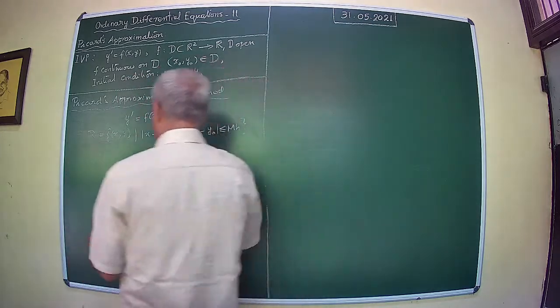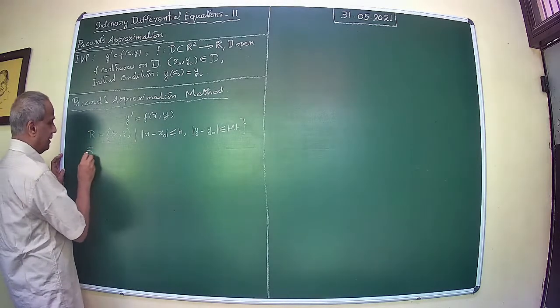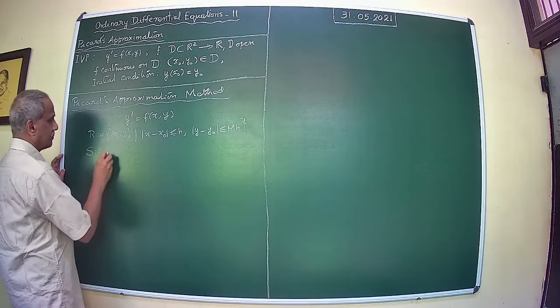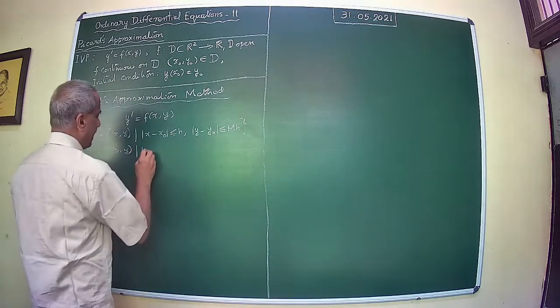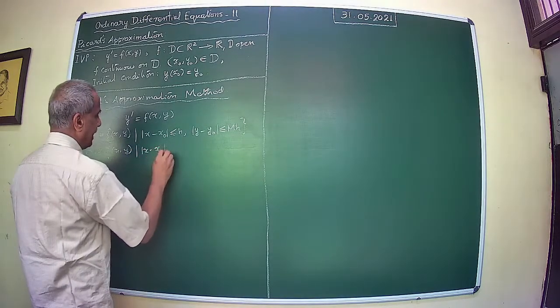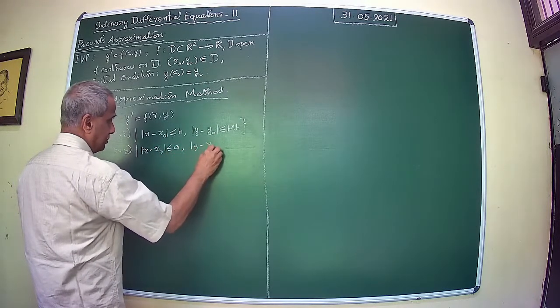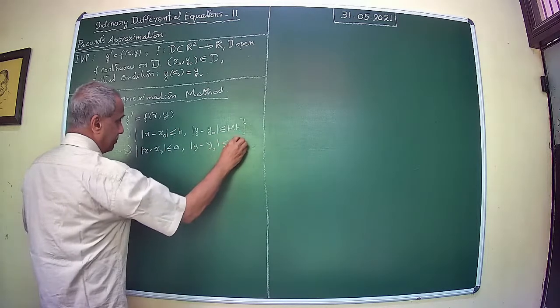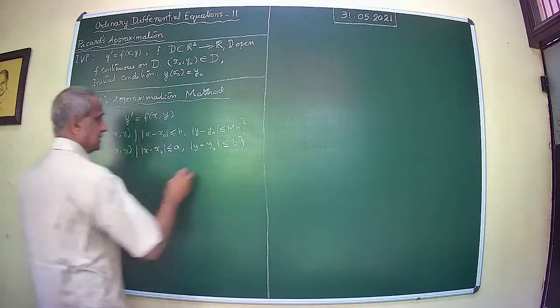Of course, we considered the whole problem on a bigger region: mod x minus x naught less than or equal to a, mod y minus y naught less than or equal to b. This is where we started, such that this is contained in D.